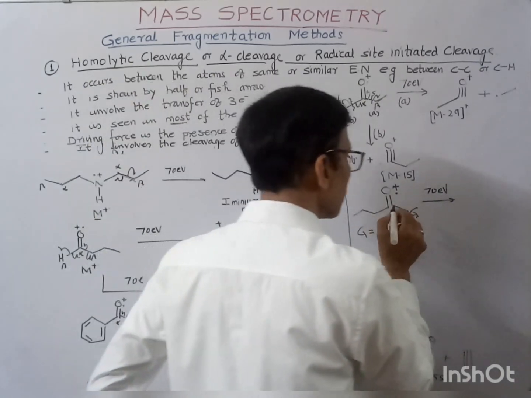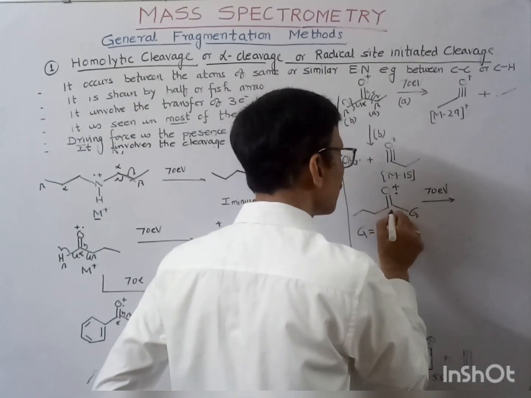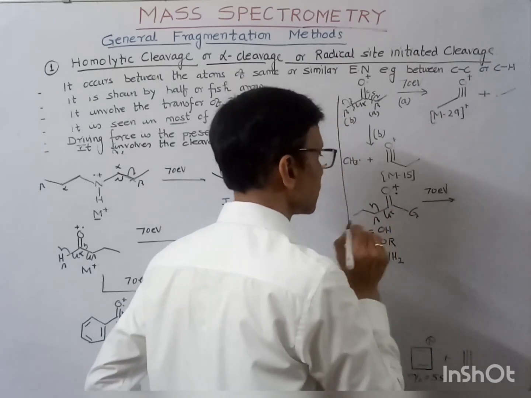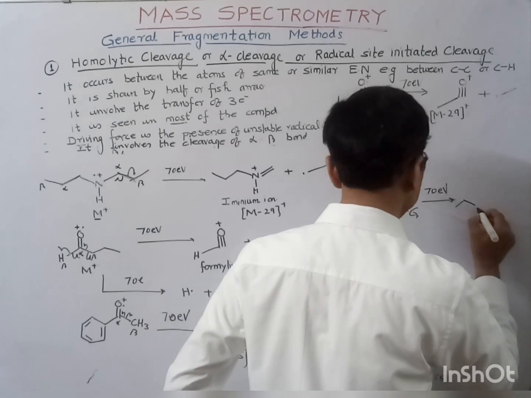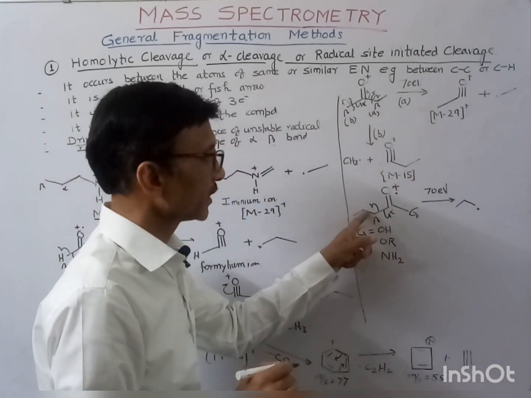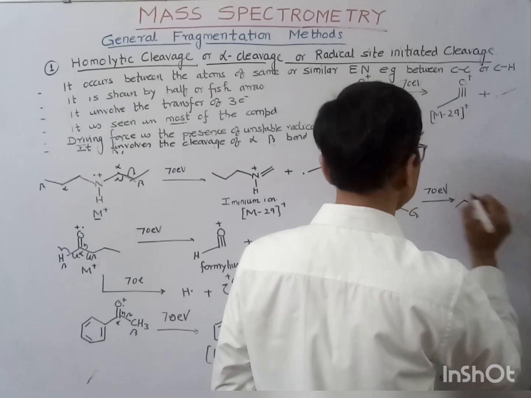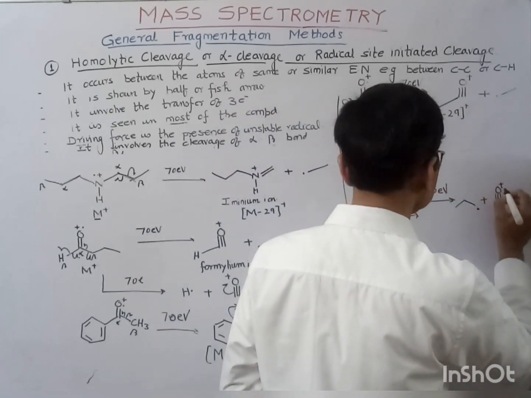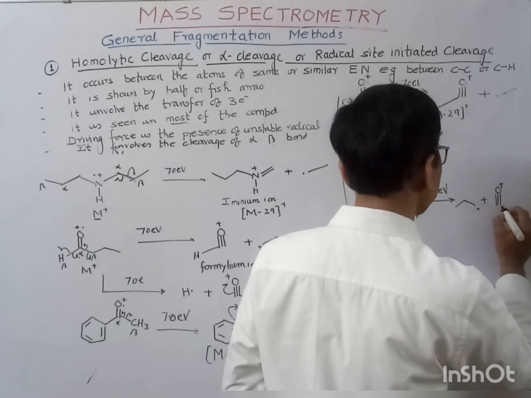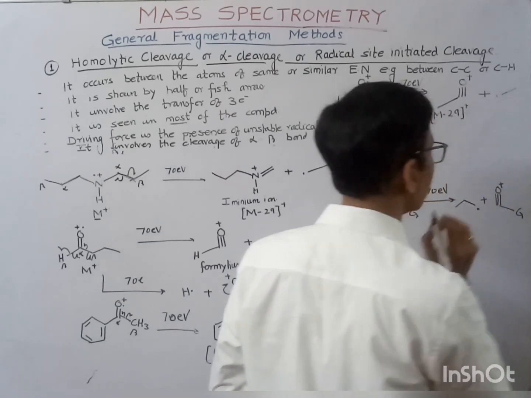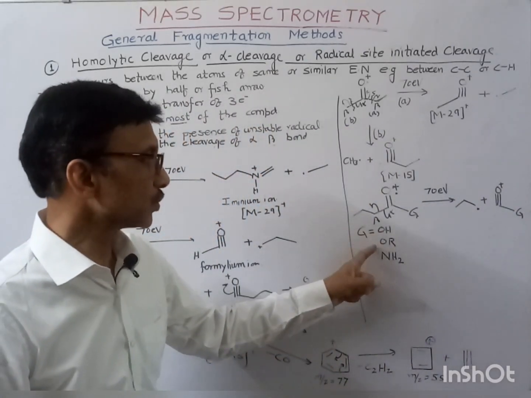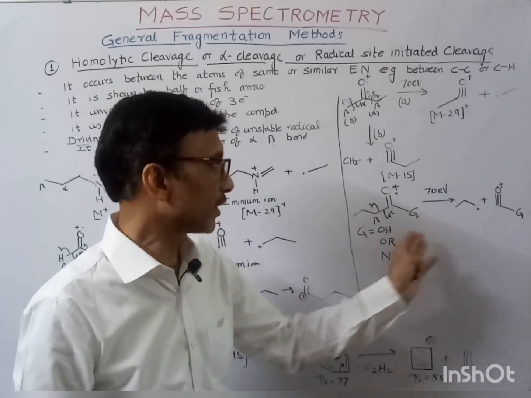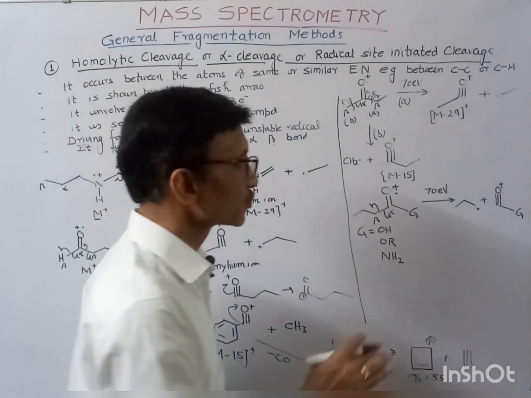The alpha-beta bond will undergo cleavage, and like this we get a propyl radical, plus a triple bond forms here with G. G may be OH, OR or NH2, giving an acylium-type ion.